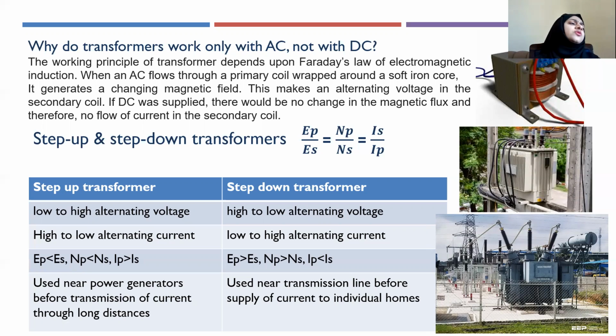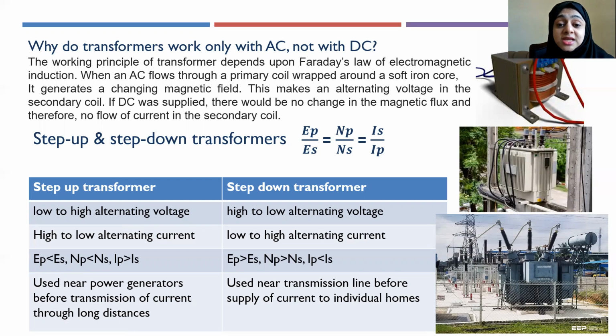So if current flows through the wire for a long time, through a long distance, more heat will be lost if it has a high value of current, because heat produced is proportional to I square. So more current means a large amount of heat will be lost.